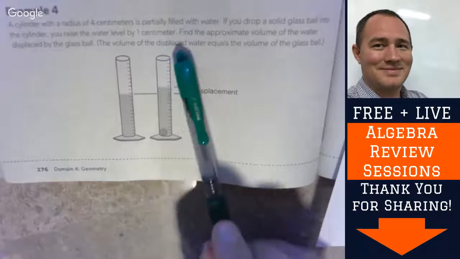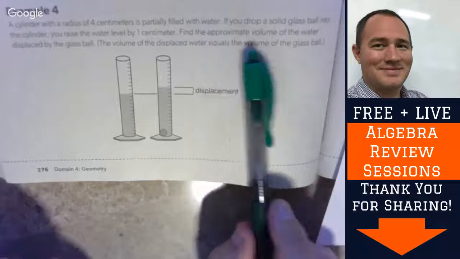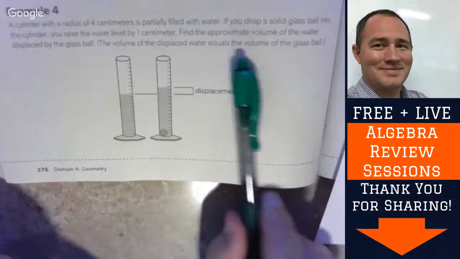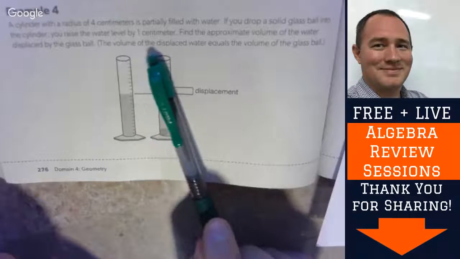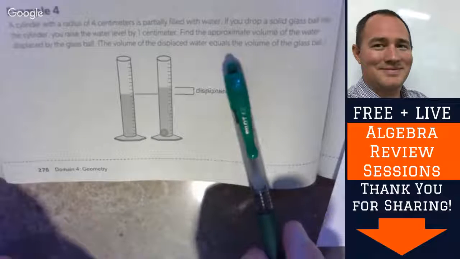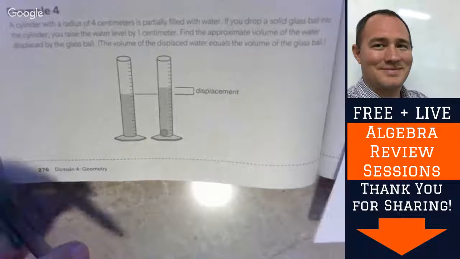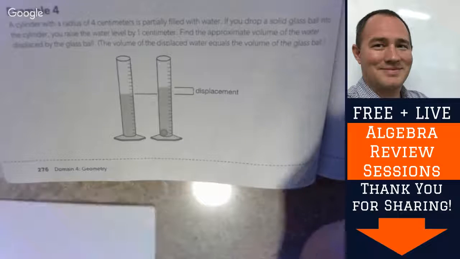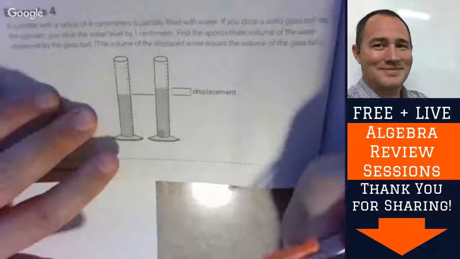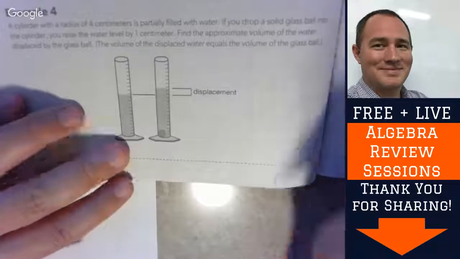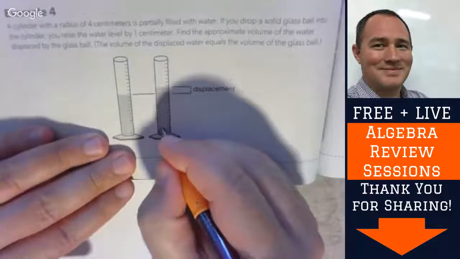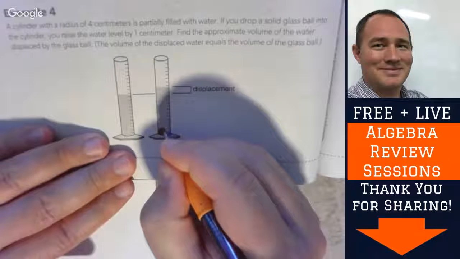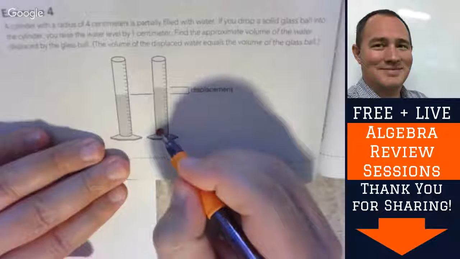So find the approximate volume of water displaced by the glass ball. The volume of the displaced water would equal the volume of the ball. Makes sense, right? Just like you fill up your drink with water to the top, and then you put in your ice, it overflows, right? So that's why we always put in the ice first, besides getting splashed.